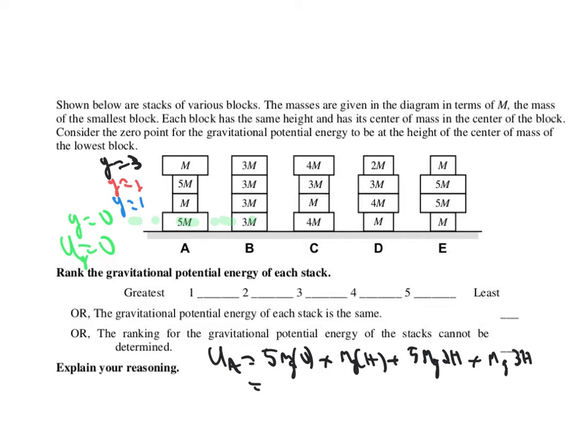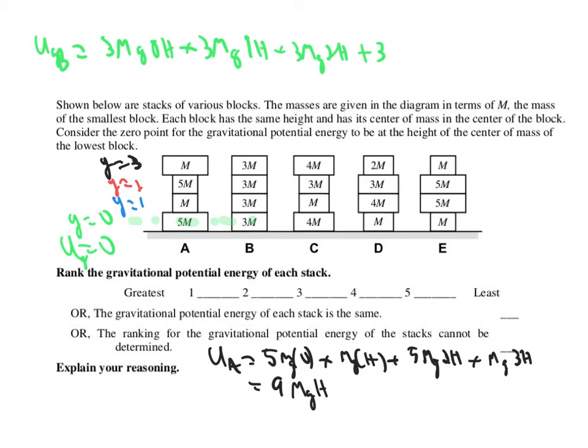And we see that to be 1 plus 10 plus 3, which is 9... mgh. If we do case B, we have 3m times g times 0h, plus 3m times g times 1h, plus 3m times g times 2h, plus 3m times g times 3h, or 3 plus 6 plus 9, 15 mgh.